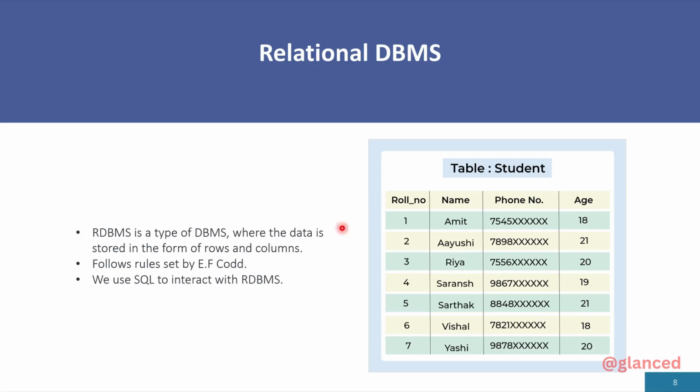That rule was given by E. F. Codd in the 1970s. If you want to interact with this RDBMS, we will be using one language known as structured query language. If you want to interact with a DBMS, we will be using a query language. But in case of RDBMS, we will be using SQL.